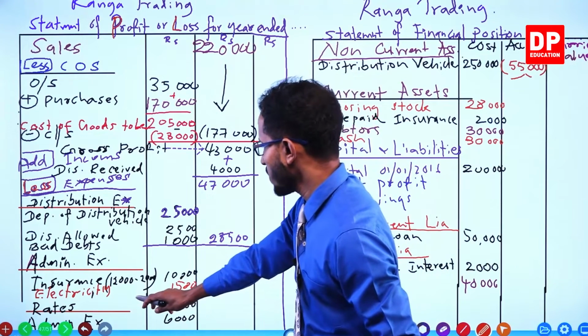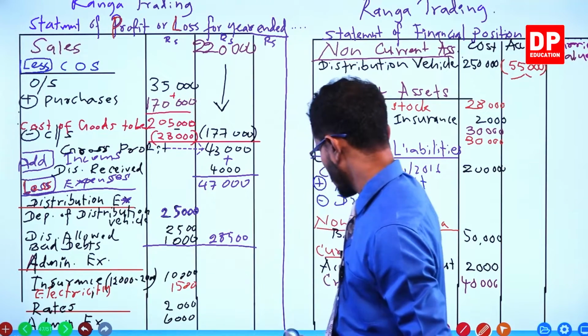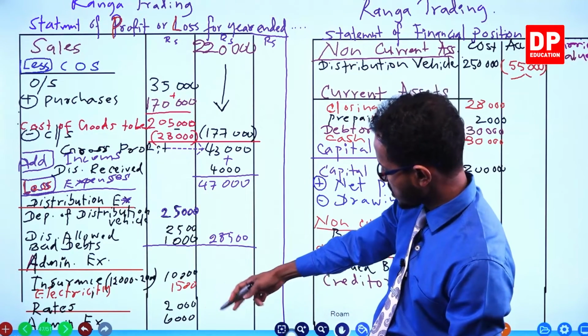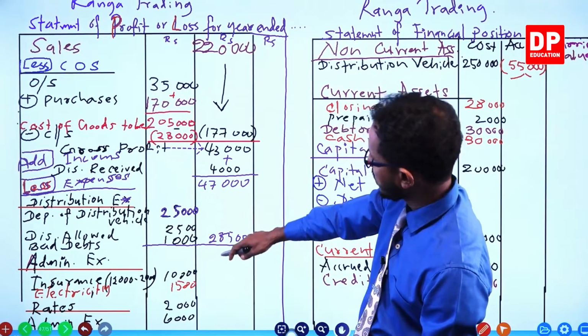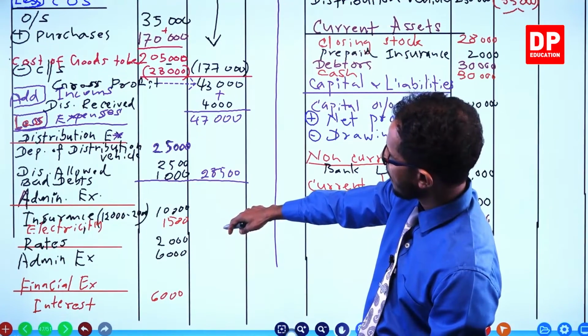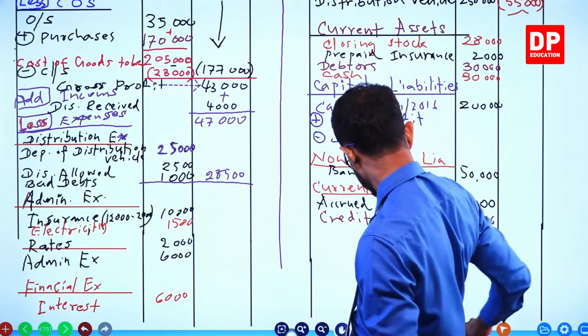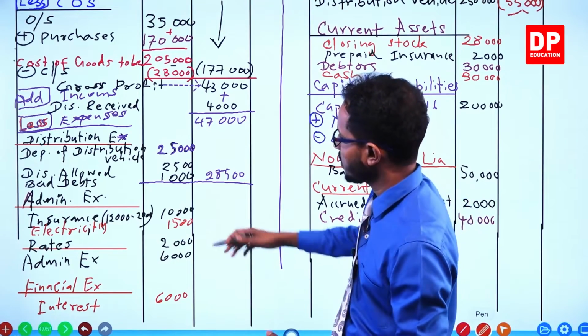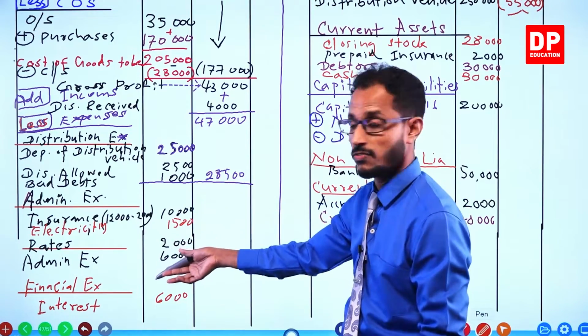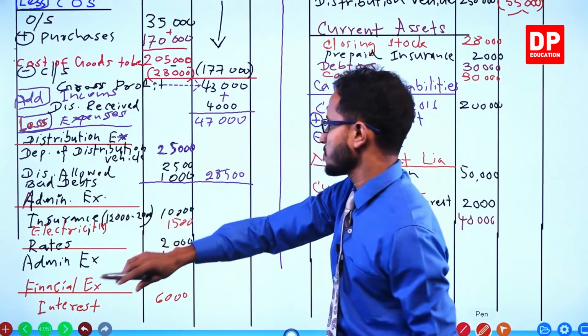Now take the total of administration expenses. It's down there, take it up. And we have administration expenses.